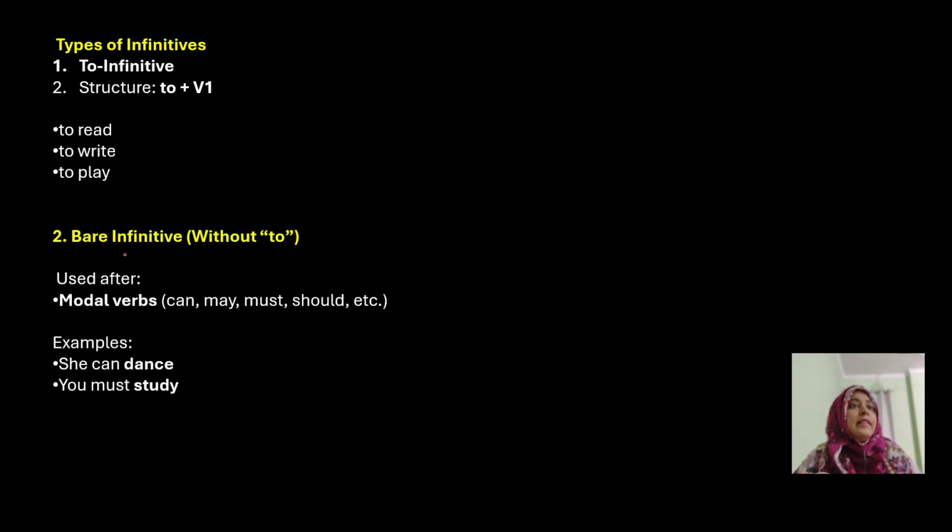Moving forward, let's see types of infinitives. Now there are two types of infinitives. First is to-infinitive, the structure I already told you: to plus verb first form. You can see the examples: to read, to write, to play are simple examples of infinitives. Now second is bare infinitive. Now what is bare infinitive?